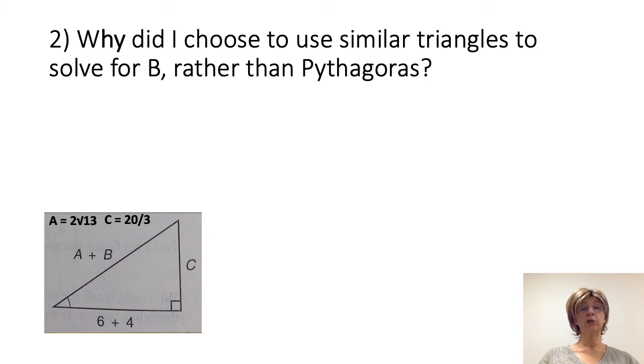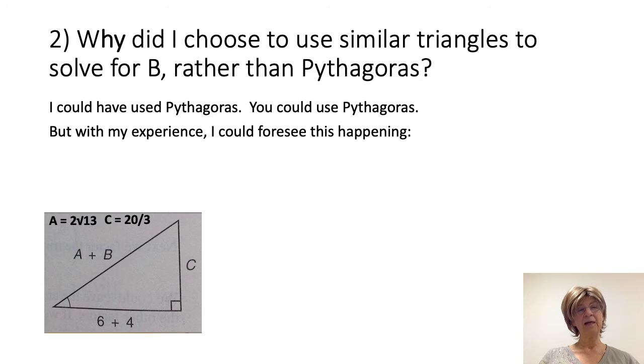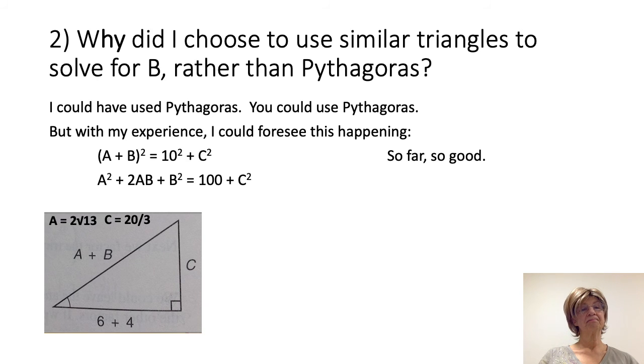Secondly, why did I choose to use similar triangles to solve for B rather than Pythagoras? I could have used Pythagoras. You could use Pythagoras, but with my experience, I could foresee this happening. A plus B quantity squared equals 10 squared plus C squared. So far, so good. A squared plus 2AB plus B squared equals 100 plus C squared.